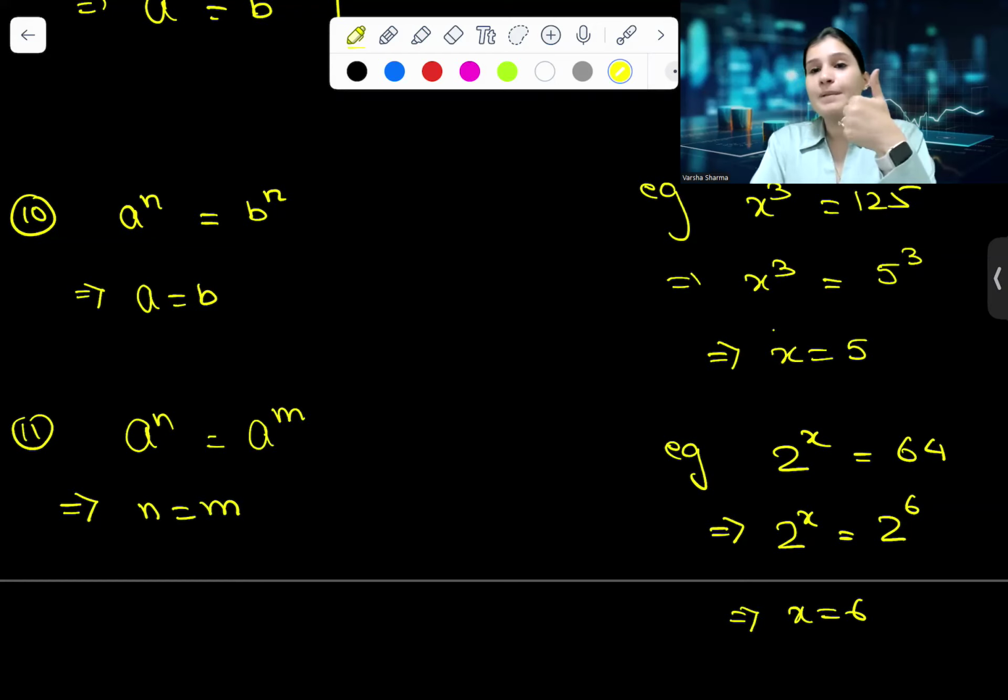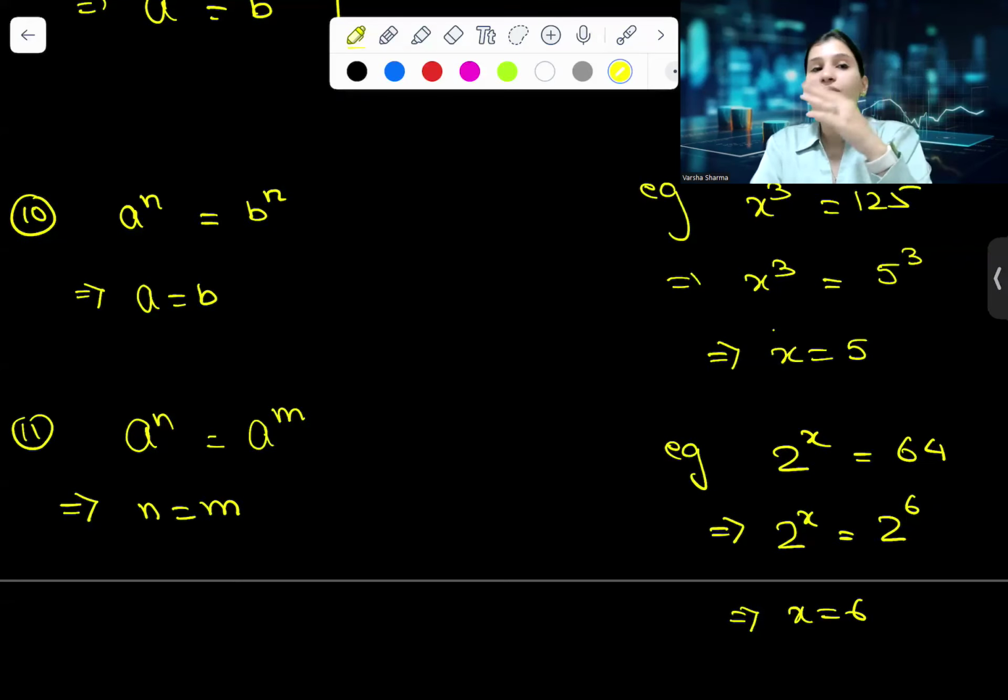The first property that we talked about was anything raised to the power 0 is 1. Second property, same base multiply, power add. Third, same base divide, power will get subtracted. If I open the bracket, the power is going to everyone. If it's a division, then also if I open the bracket, the power goes to each and every term.